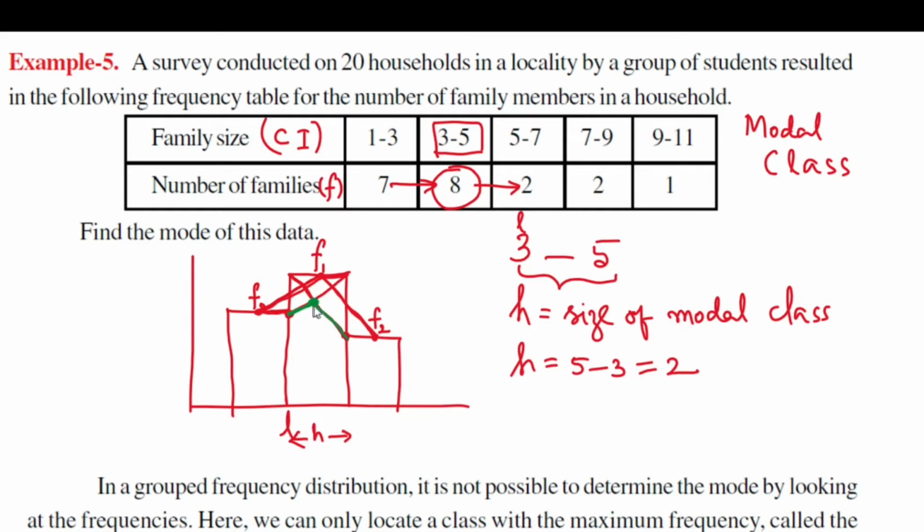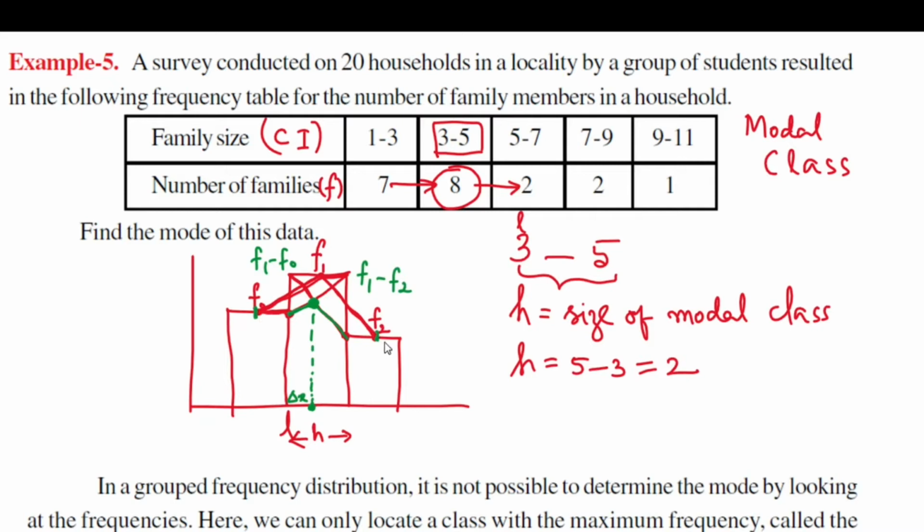So we assume that this is the value having the highest frequency within this modal class. So we have to find the value of the observation here. How much is this observation distant from L? Say this is delta x. So here the change in frequencies is f1 minus f0, and the change in frequencies here is f1 minus f2.